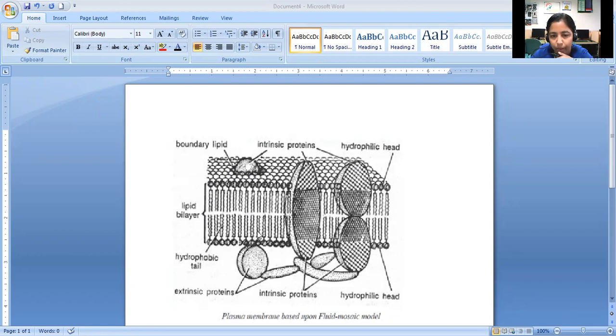These are the extrinsic proteins present here, and these are the internal intrinsic proteins. In between is the bilayer of lipids. This is the plasma membrane based upon the fluid mosaic model.